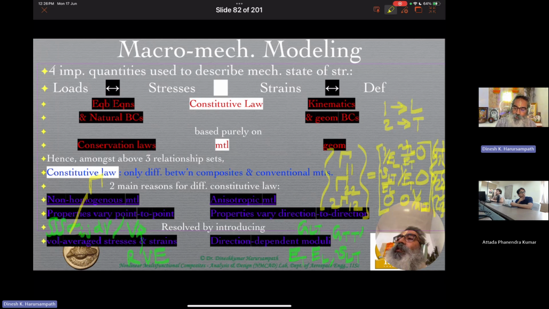And these are, of course, equal to each other because it's a symmetric matrix. So the 1 2 and the 2 1 terms, both of them are not independent, which is why we have only 5 independent entities to deal with as far as a 2D composite is concerned. In other words, you have made a plane stress approximation.